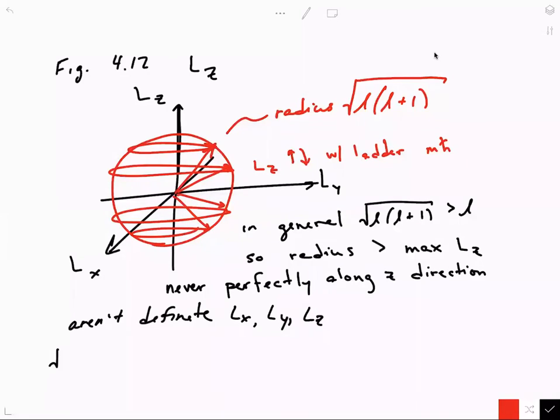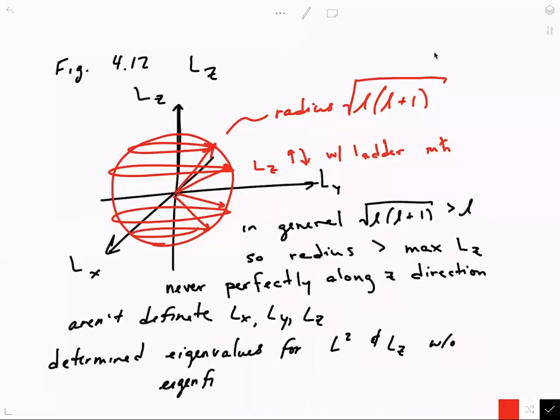So what we've done so far is determine some eigenvalues in terms of those quantum numbers for our angular momentum squared and for one component of our angular momentum, without actually finding the eigenfunctions. Those eigenfunctions are going to lead us to the spherical harmonics.